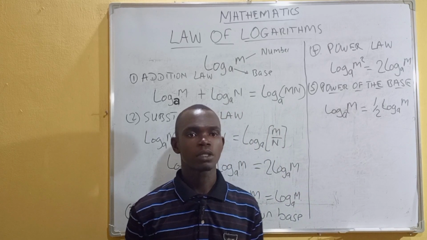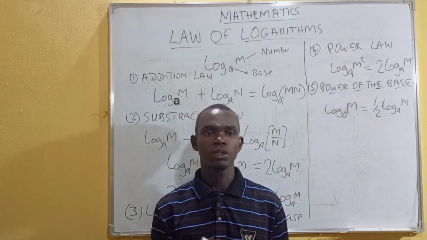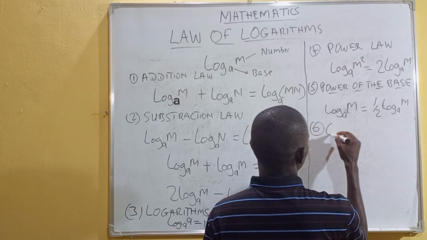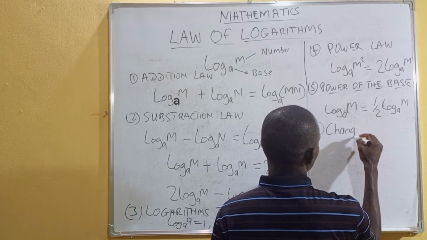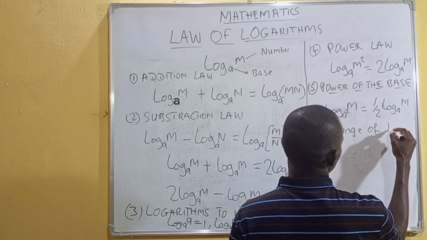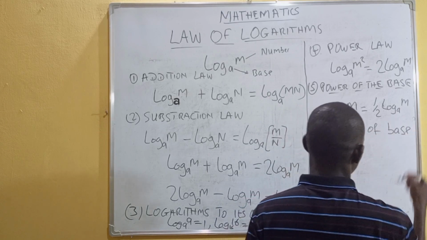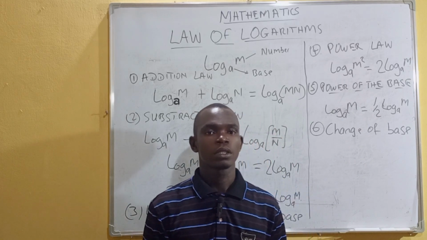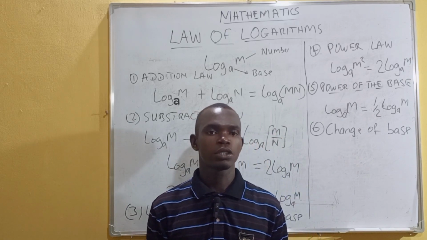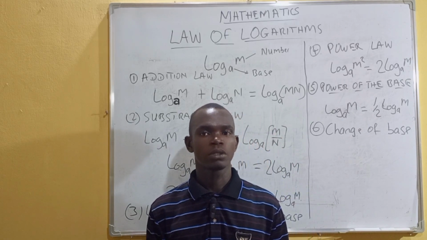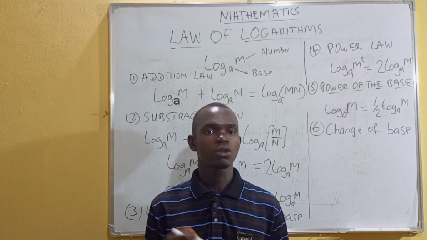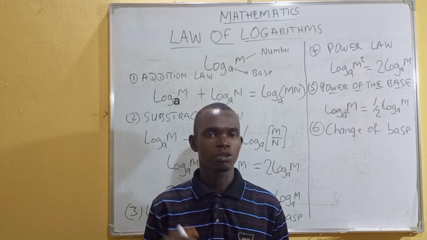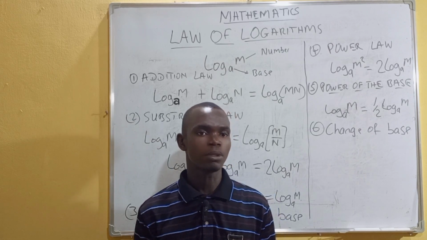And we also have the sixth one, change of base. In the change of base, the logarithm can be changed to another base, with the logarithm of the original number and the base expressed as a fraction to the new, required base.